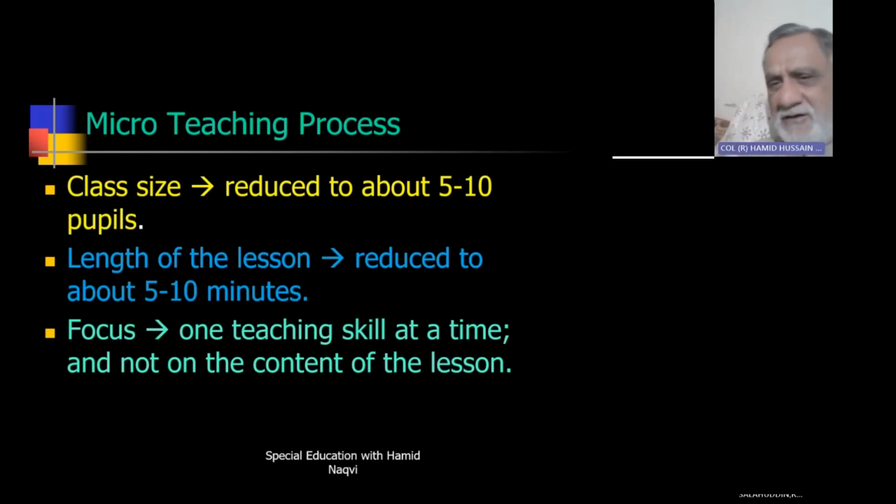In the initial definition, I told you you can go up to 15. As you are getting experienced, getting more confidence, getting less hesitant, increase the size of the class and increase the time of the class also.